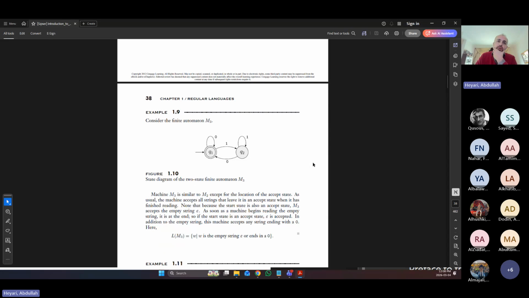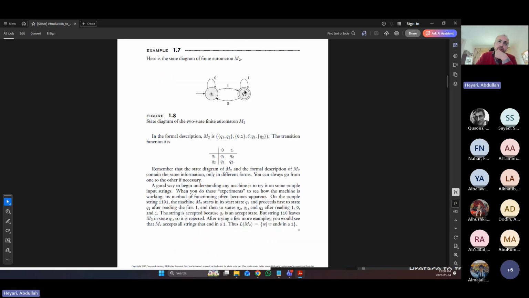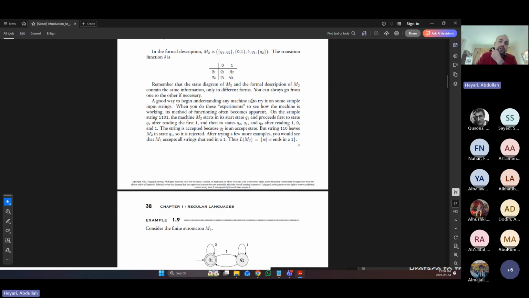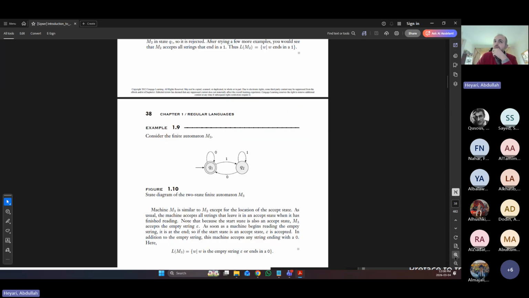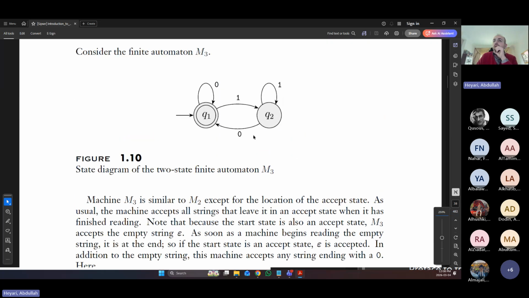This is the machine M3, and can you spot the difference between M3 and M2? So this is M2 here. M2 has Q2 as the accept state, whereas M3 here has Q1 as the accept state. What's the first consequence of having Q1 as an accept state?